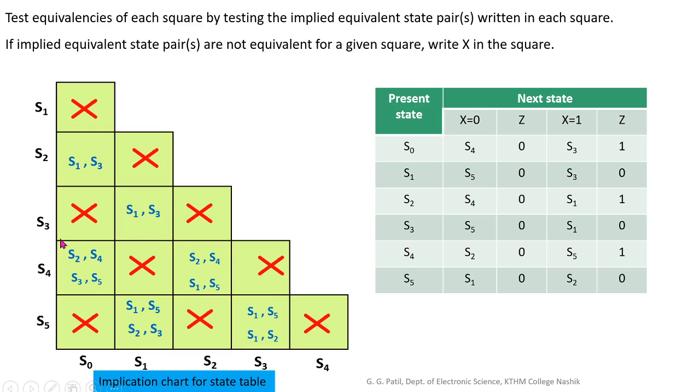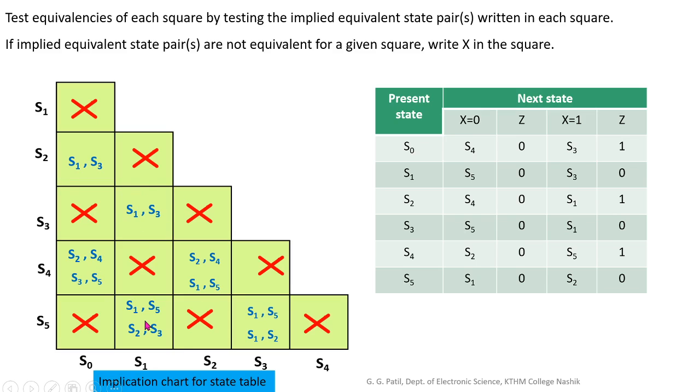So we can say here S1 is equivalent to S3. And since S1 is equivalent to S3, and in this square S1 S3 state are present, we can say S0 is equivalent to S2. So here we find that S0 is equivalent to S2 and S1 is equivalent to S3.